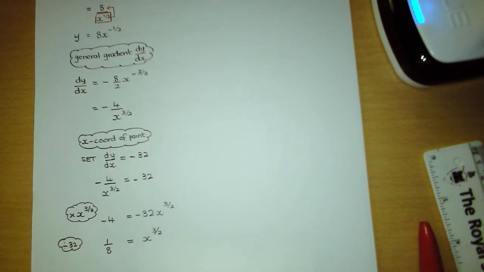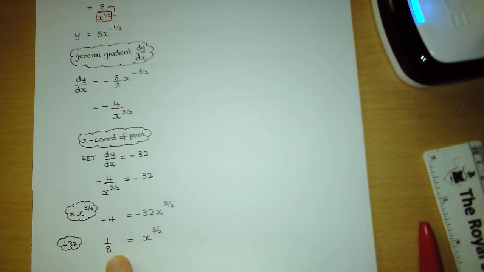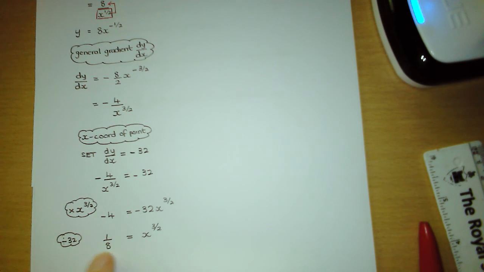Now, we're now trying to solve an equation where there's only one term on each side of the equal sign, and we've got an index here with an unknown base. Now, when the base is unknown, you want to make the power 1. Now we did this away back in September. To make the power 1, you take the reciprocal power of the other side.